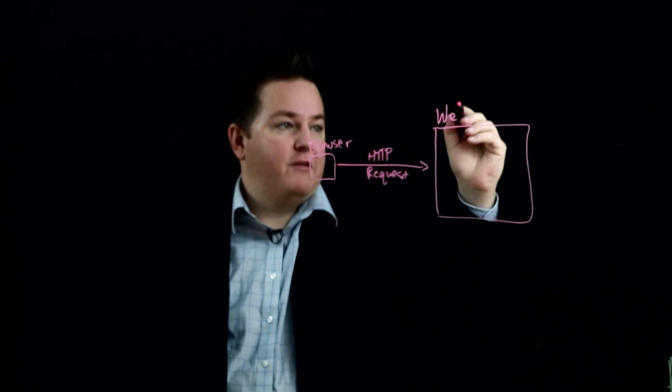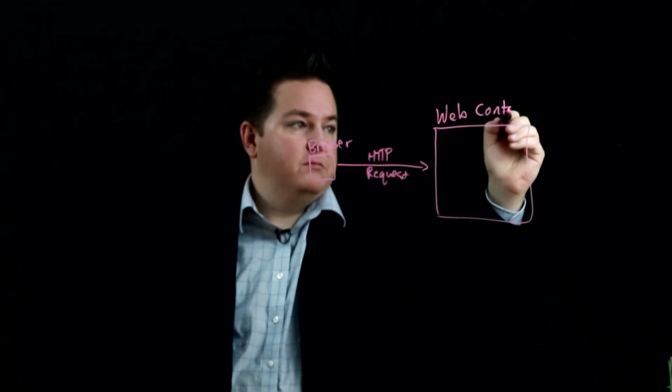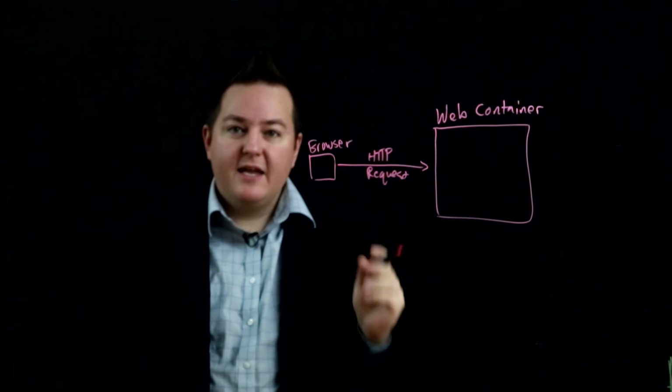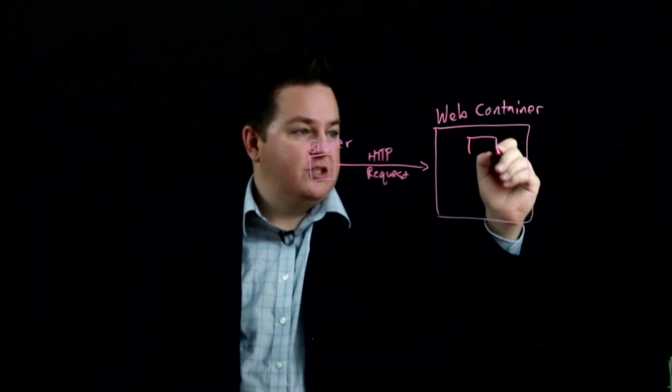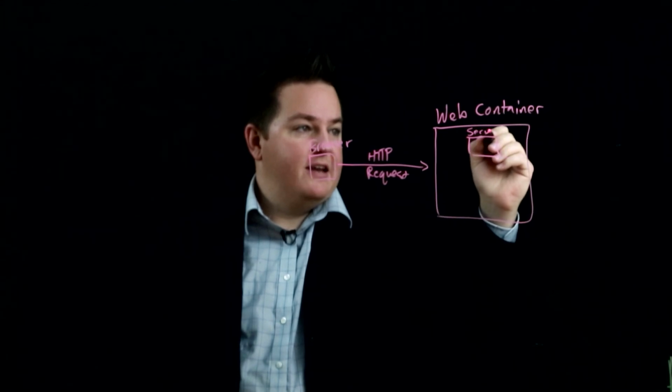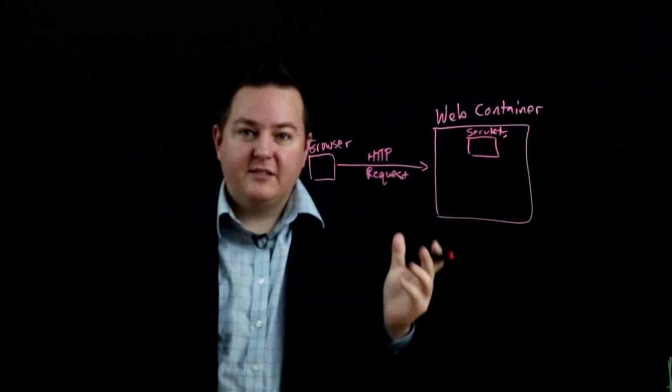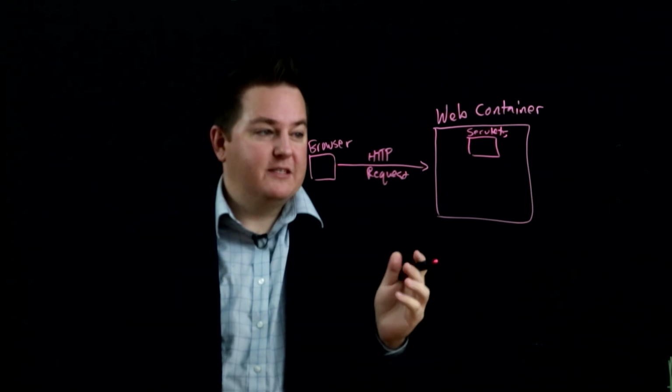This is often just called a web container. And inside of the web container, there are one or more servlets that handle and process the HTTP requests that are being sent to it.